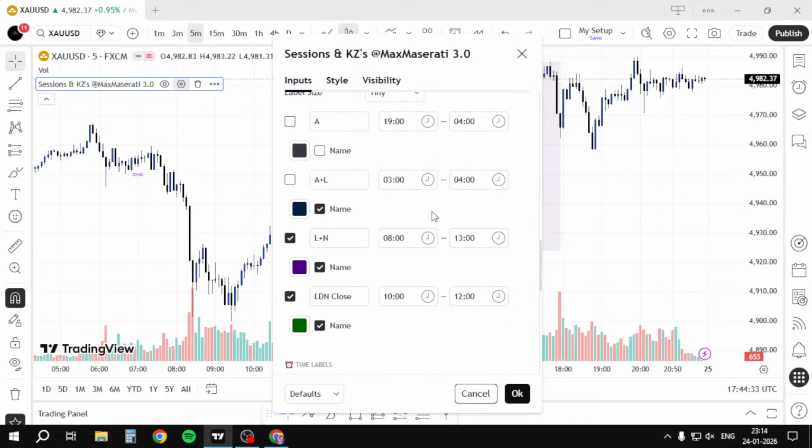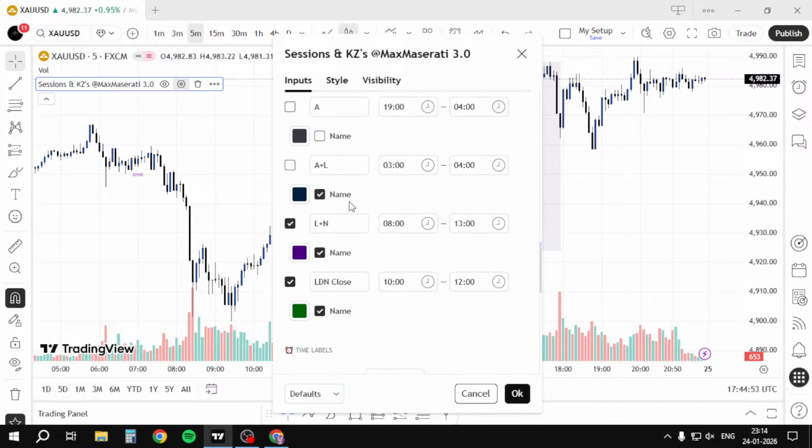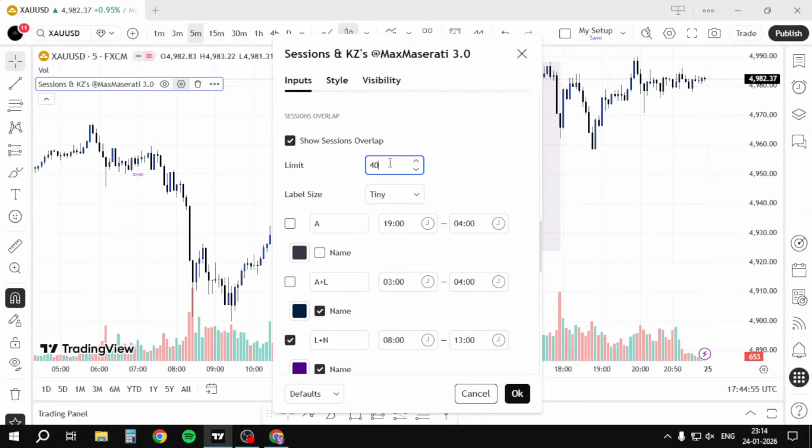Then what you need is the sessions overlap. Tick this, and you can gradually increase the limit as per your device if it's not too high-end. So keep it to 20 or 30. I kept it 40, as per my system, because your system will lag, as there will be too many session overlaps on your chart.